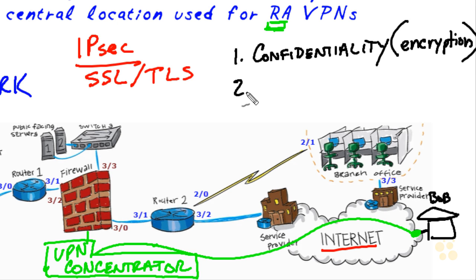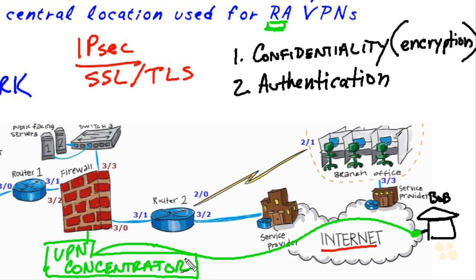The second benefit is authentication. For this VPN that Bob's building, Bob has the ability, using the technologies involved, to validate that this VPN concentrator really is Acme Incorporated's VPN concentrator, and not some other company's or some hacker's VPN concentrator.